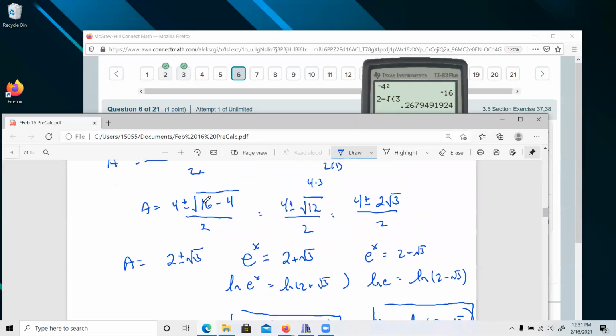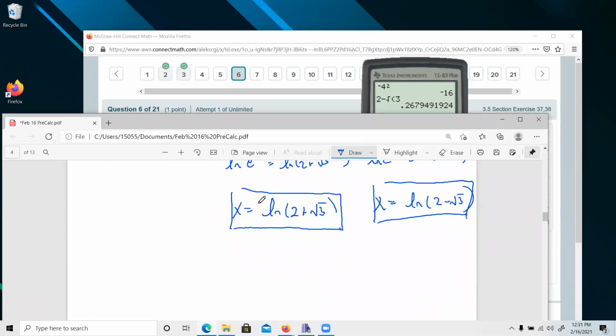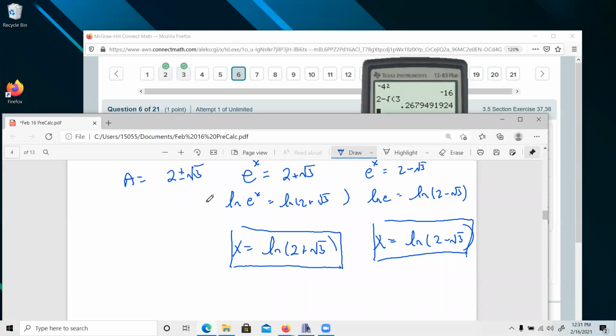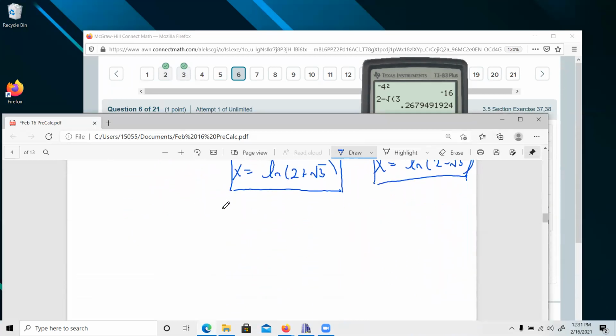It's actually a very famous function, which is why I think it's important for you to be able to do this, especially if you're going into some kind of mechanical or civil engineering, because this function is called a hyperbolic cosine.